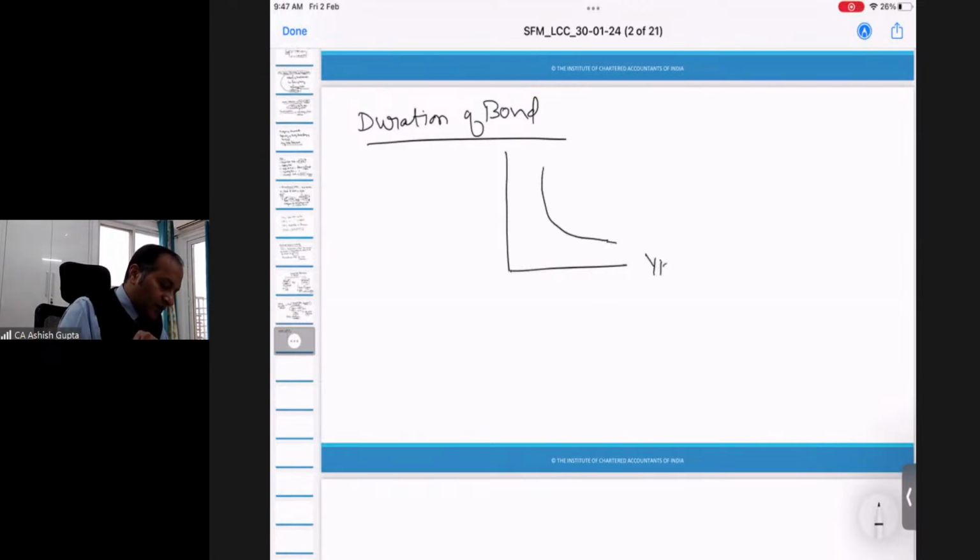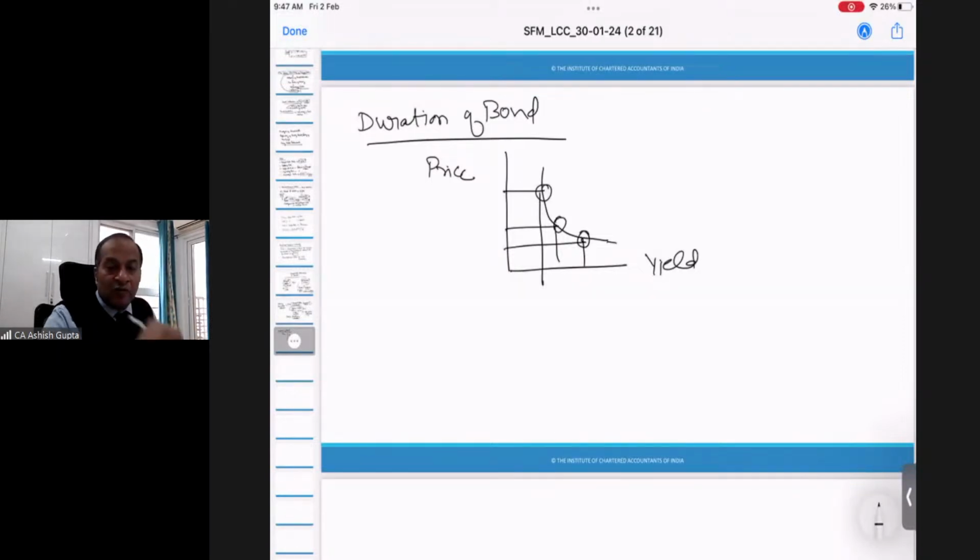So it was the yield and the price of the bond, because they hold an inverse relationship. We have seen in the earlier question also, with the increase in yield, the price goes down. Now the question comes, how much this value goes down or goes up is called volatility.